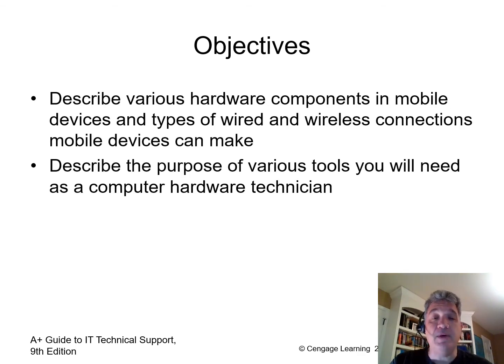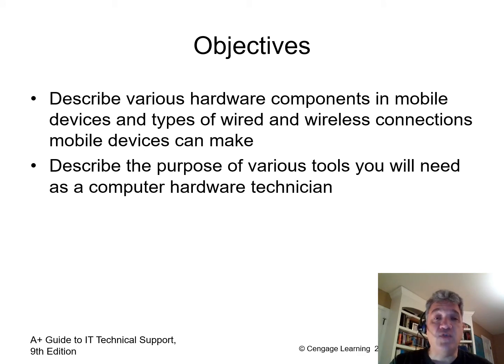All right, continuing with the objectives, describe various hardware components in mobile devices and types of wired and wireless connections mobile devices can make. So we'll get into a very brief discussion about networking in this chapter. Wireless networking is quickly becoming the de facto standard for even enterprise installations.